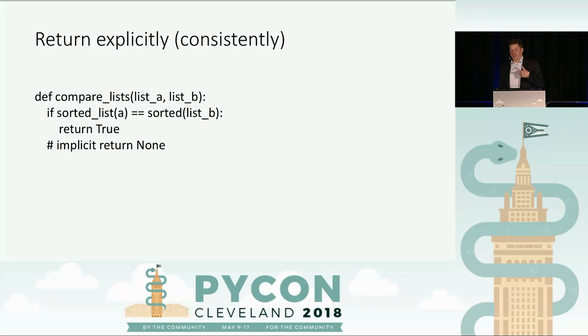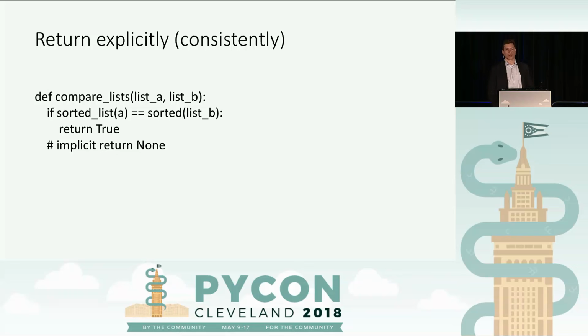If you return explicitly, you're making a different promise to the reader, however. So this is an example of something I'd send back for edit. Compare 2 lists. So if these lists are the same when they're sorted, return true. Great. And this falls off the end and returns something falsy. So in almost every place you would call this code, it's not going to blow up.